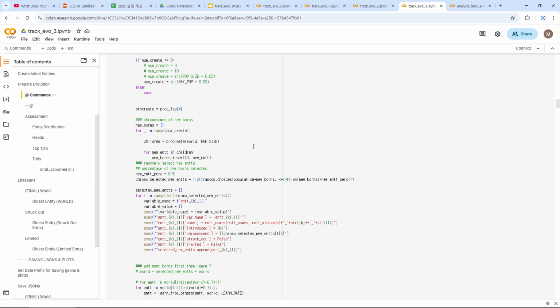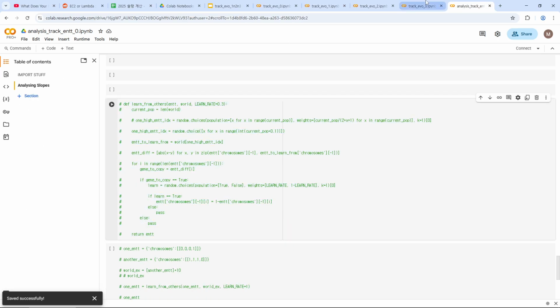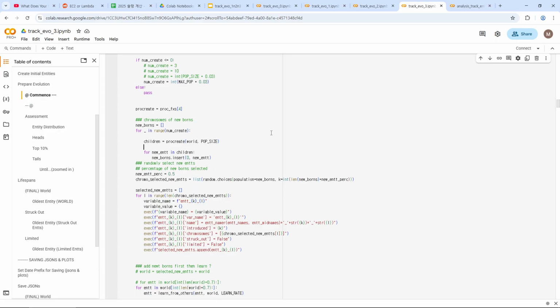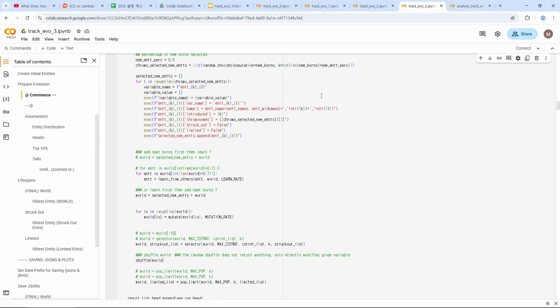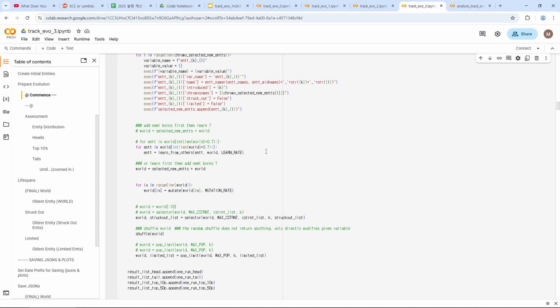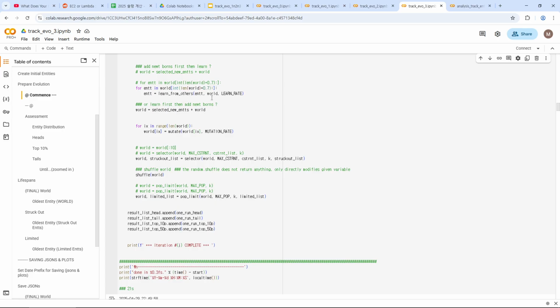The way I came to that conclusion is not something I'm going to talk about in this specific notebook, but it turns out that's better: adding the newborns, then letting the entities learn, then shuffling it and then limiting the population, because that's the order of things that were done here.